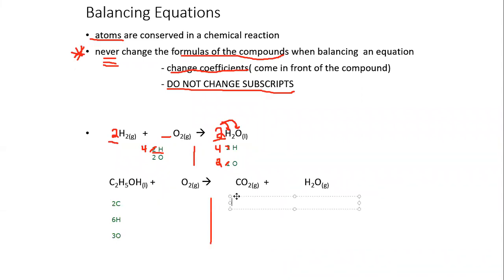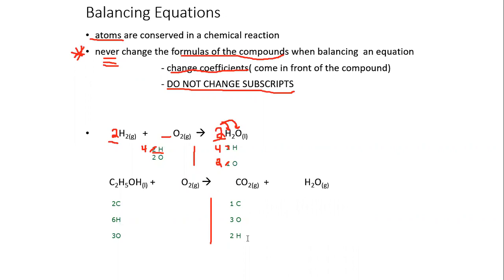And on the product side, we have 1 carbon, 3 oxygen, 2 hydrogen. So now when you're looking at this, you notice that, hey, both the carbon, and I wrote them out of order, and the hydrogen are not balanced. So the question arises, what do we balance first? Do we balance the carbon or the hydrogen?